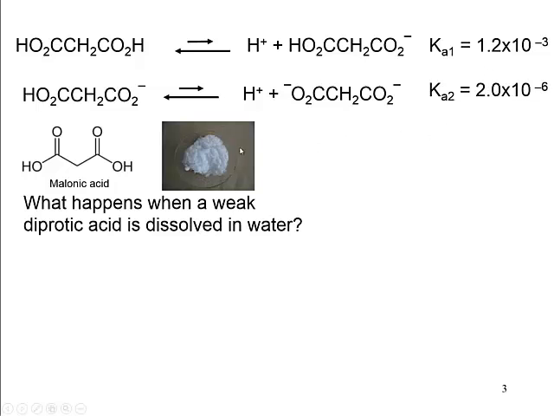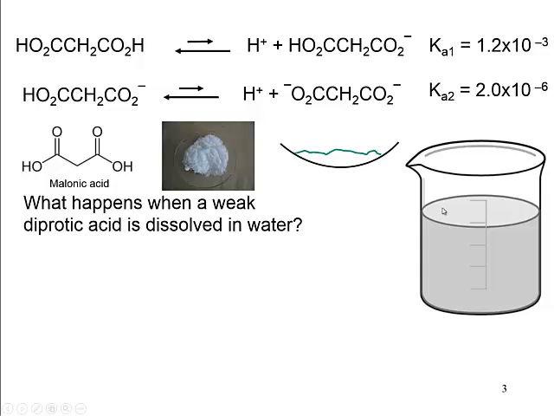So what we want to look at is when malonic acid, just a white crystalline powder, is placed into water. What species are present? I want to draw the species present in solution, and it would be very difficult to put the full chemical structure for malonic acid, so we will show the weak diprotic acid as H2A. 2 protons would then dissociate into H+, and we can label the conjugate base HA-.